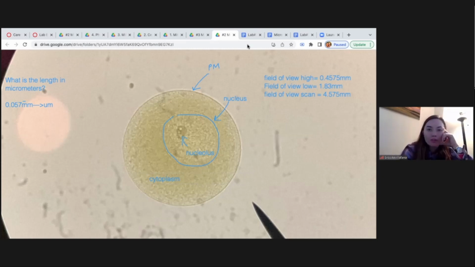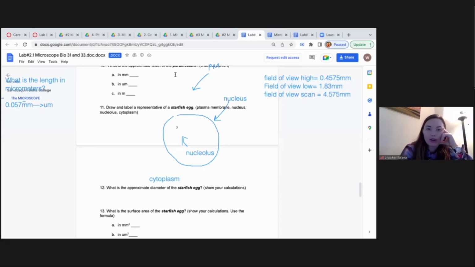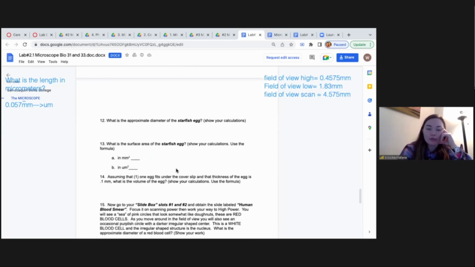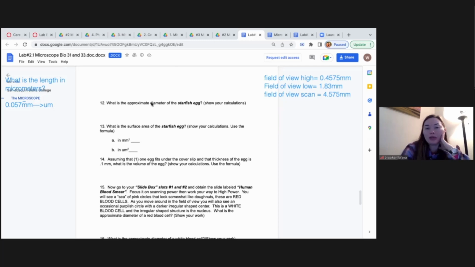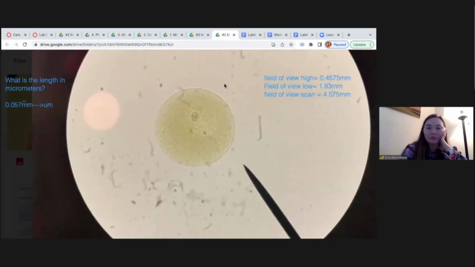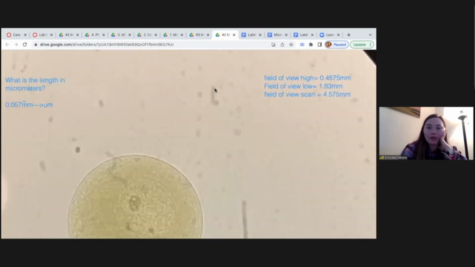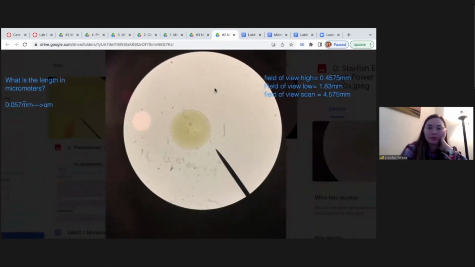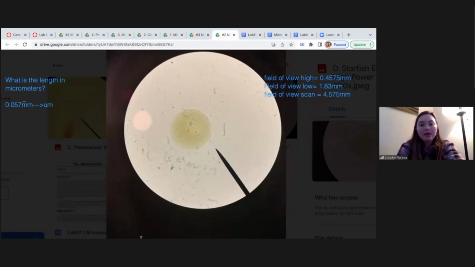Okay, then it asks us to find the length, the diameter of the starfish egg. Remember that for a circle, diameter is basically the same as length and width because a circle is the same distance across no matter which way we go. If we're looking at this example, let's use a new color, this example is in low power.